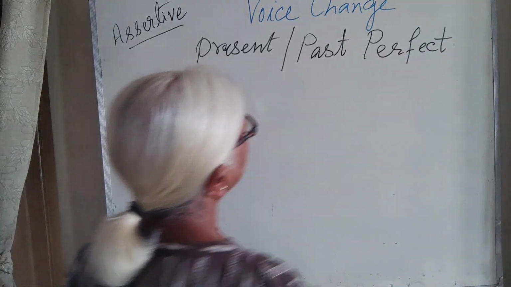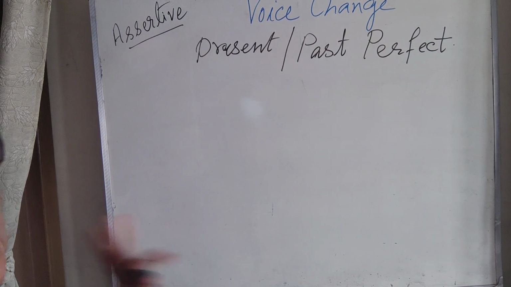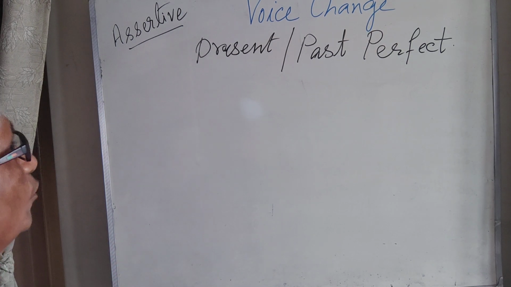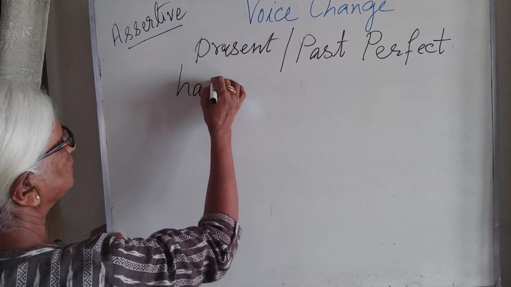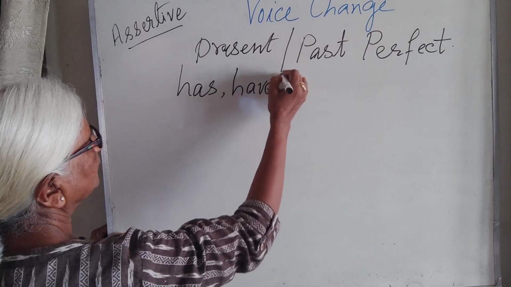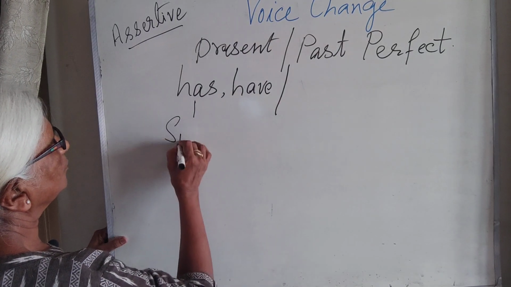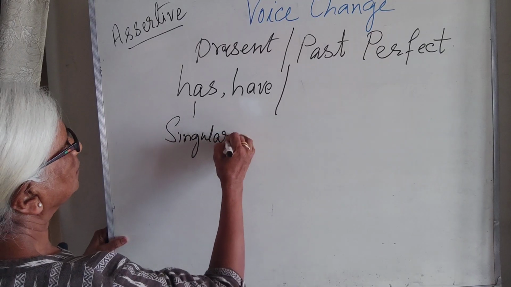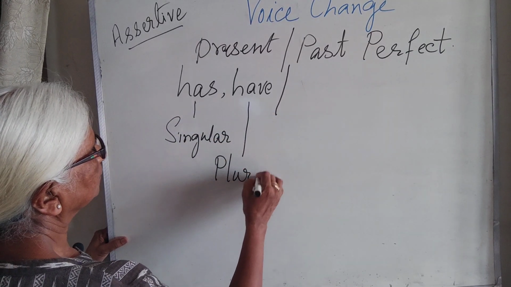Now, how do we know present and past perfect? I'll do this in detail when I do the tenses. At present, just know that for present we have has and have. Has is used for a singular subject and have is used for a plural subject.